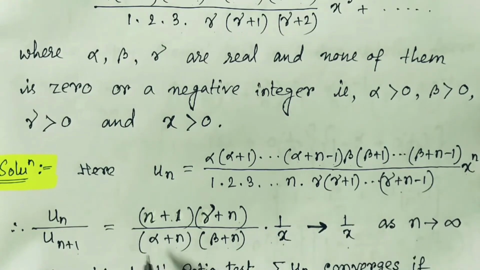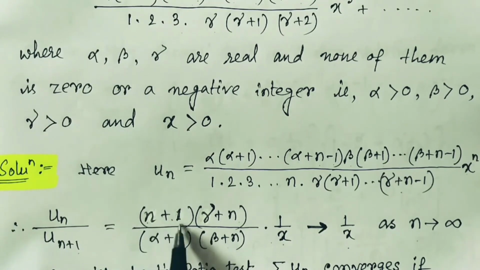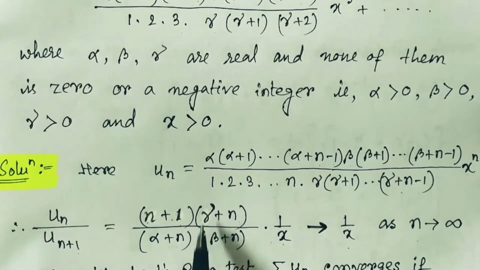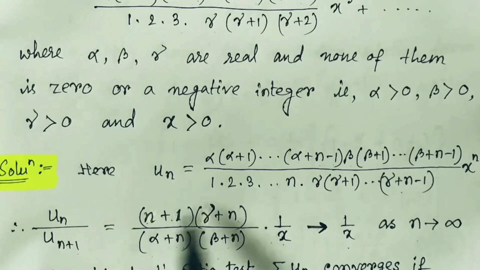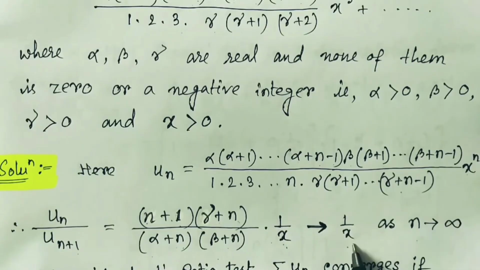If we take the limit n tends to infinity, then what happens here? We divide the entire thing by n square, so that it becomes 1 plus 1 by n, gamma by n plus 1, and here alpha by n plus 1 and beta by n plus 1. So when n tends to infinity, the entire thing remains 1, and for 1 by x it remains 1 by x.